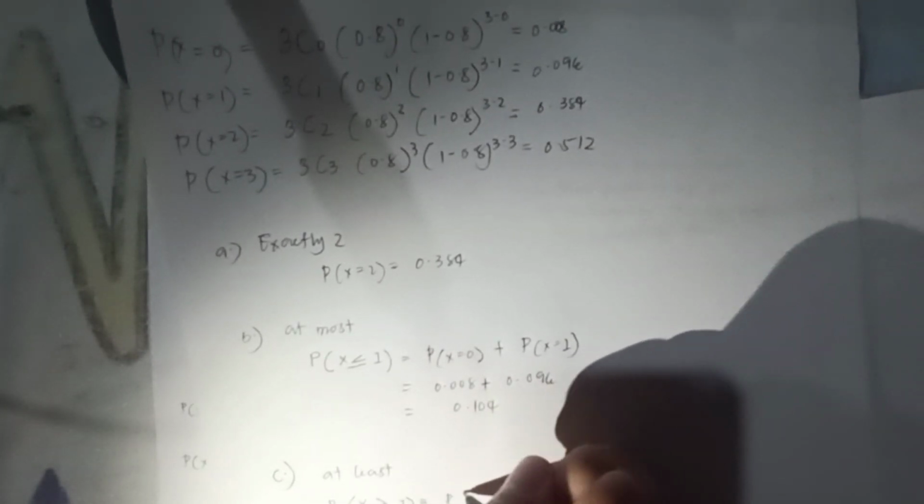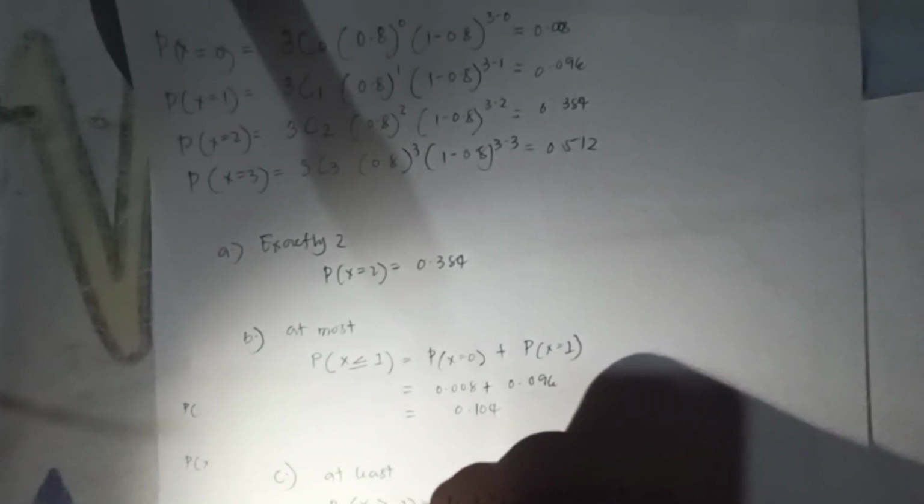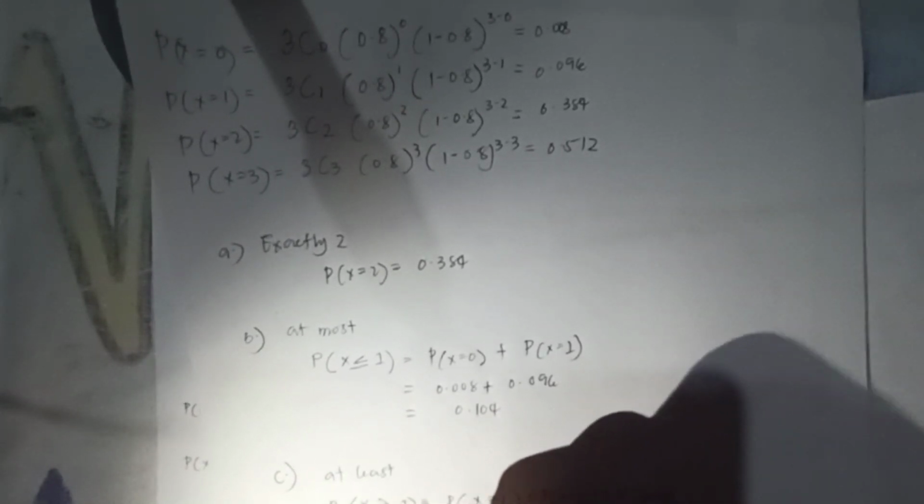So therefore, P of x equals to 1 plus P of x equals to 2 plus P of x equals to 3. And then you substitute the values from your given above that were already solved. So you get the value of 0.992. So that was the answer.